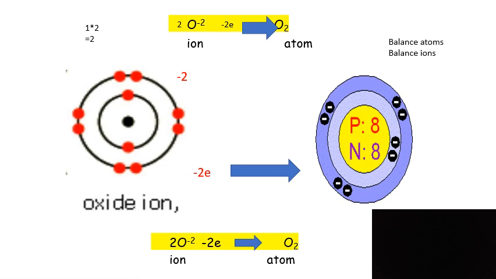You are going to remove 2 electrons. If you remove 2 electrons, then your left side is going to be 0 and your right side will be 0.